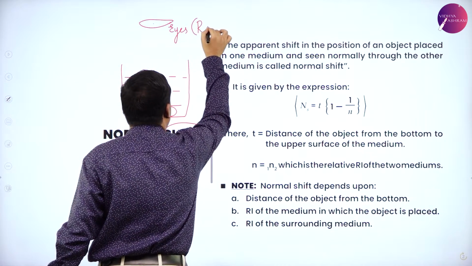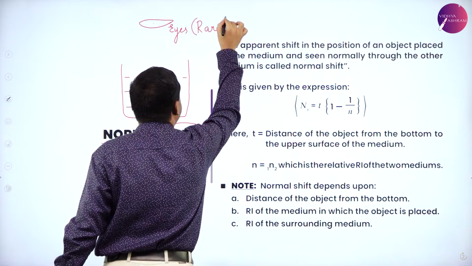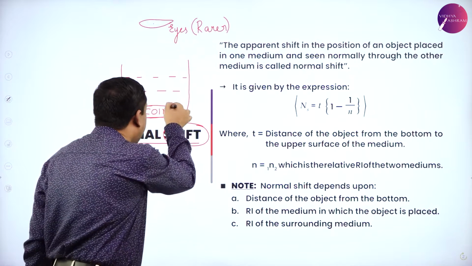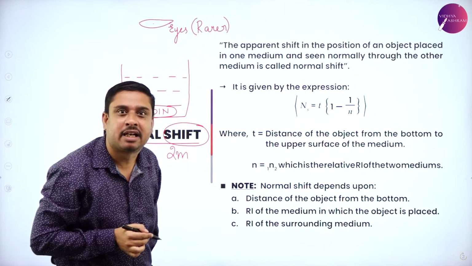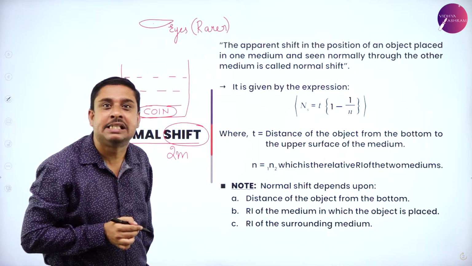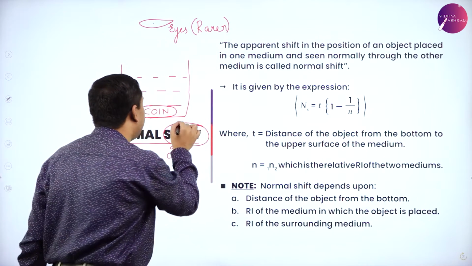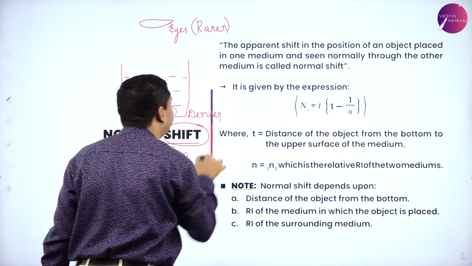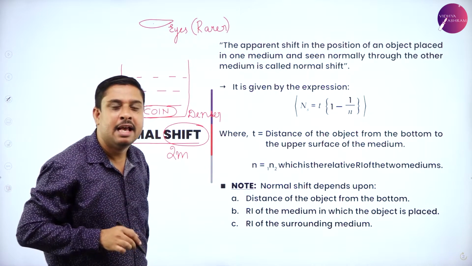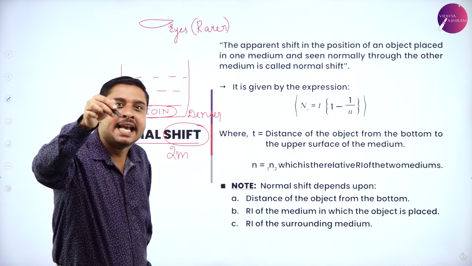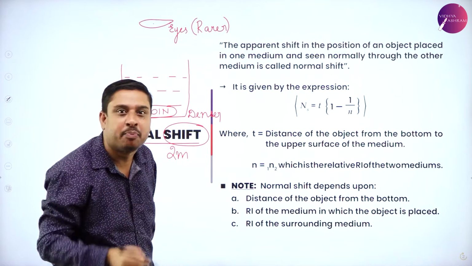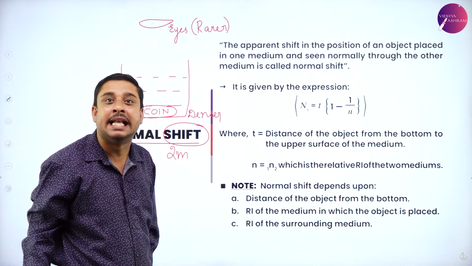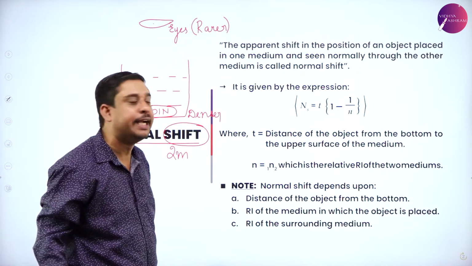The observer is in the rarer medium. And which is the object? Object is the coin which is in the denser medium. That is, the observer is in some different medium. The object is in some another medium.